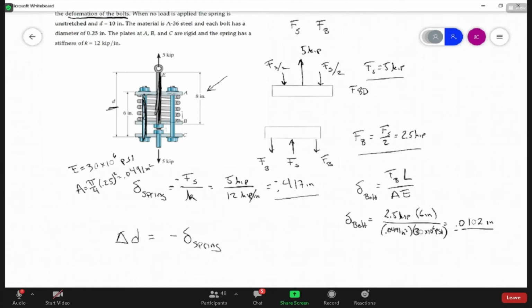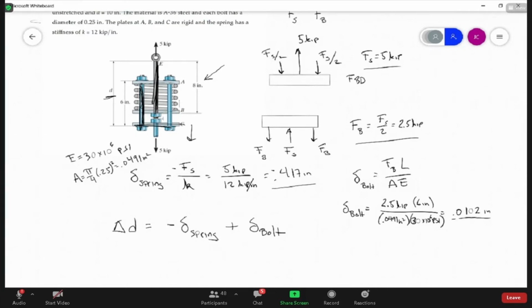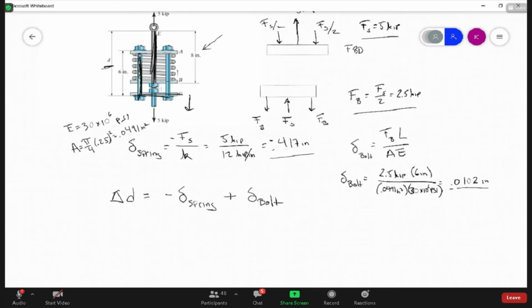Because you can think of it like this plate here stretching down. So the elongation of the bolt has the same sign as the elongation of D, so we add that here. Maybe you got confused and asked whether to add the bolt elongation onto the spring or subtract them. This is basically like superposition.